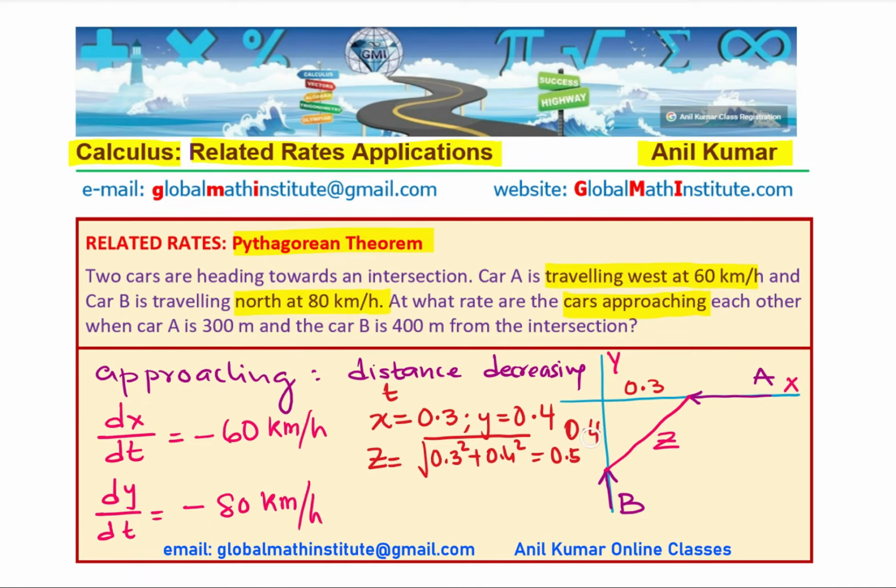Now, how are the three variables related? Because the x and y values are always changing, correct? So let's consider x to be the distance just before the intersection and y to be the distance just before it. In that case, we know the separation z squared is equal to x squared plus y squared.